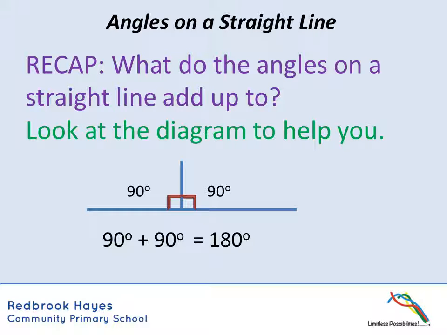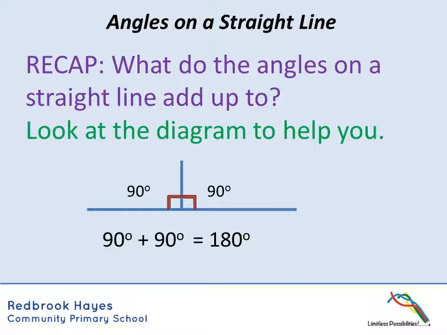what we learned about straight lines yesterday, and we had a look at this diagram, and we said that the angles on that straight line that you can see running horizontally add up to 180, and the best way to show that is to have two 90-degree angles, obviously, which then add up to 180.